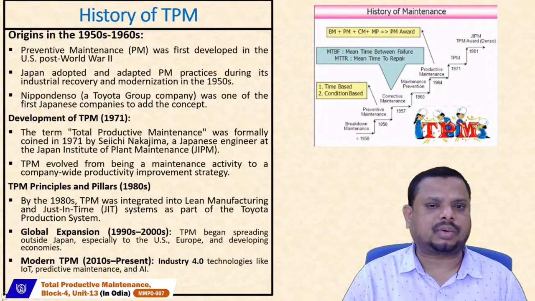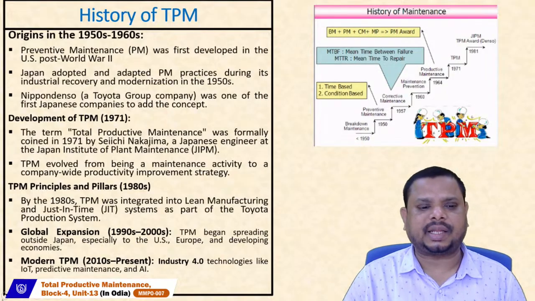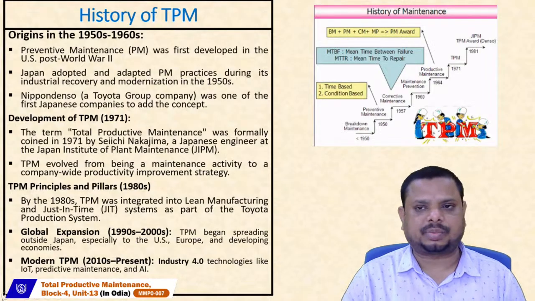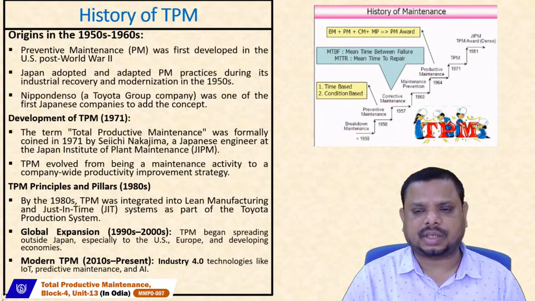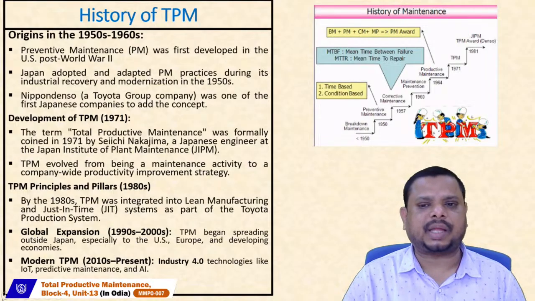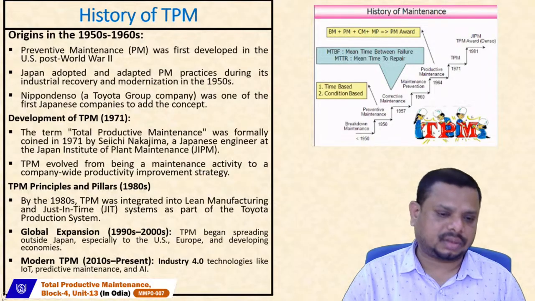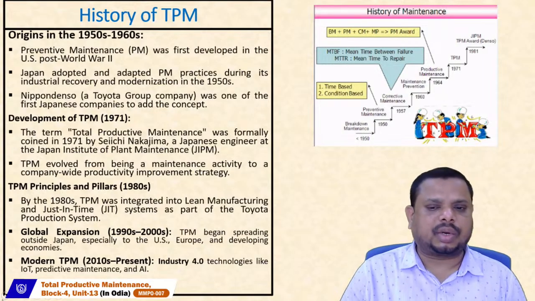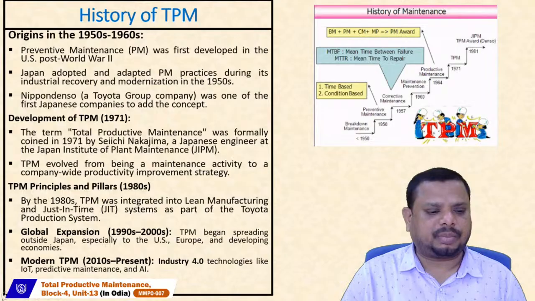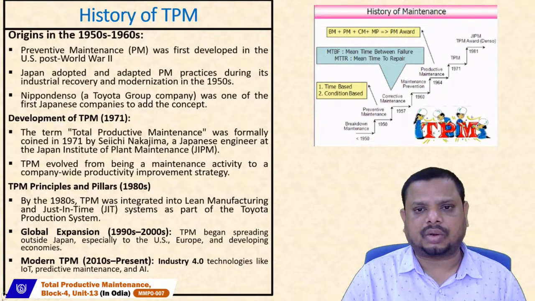The next is global expansion during the 1990s to 2000s. TPM began spreading outside Japan, especially to the US, European countries, and developing economies, as a Japanese philosophy to maximize maintenance activities and reduce defects, reduce downtime, and reduce costs. The last is modern TPM, from 2010 to the present.